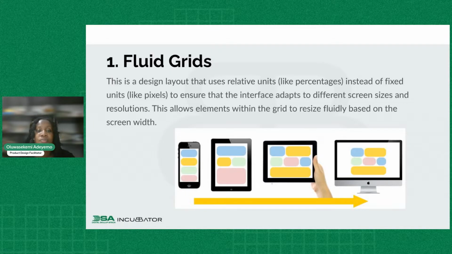Okay. So instead of using fixed units, by fixed units, whatever we're doing is measured in pixels. We've talked about vector and raster images, same with vector and raster platforms.